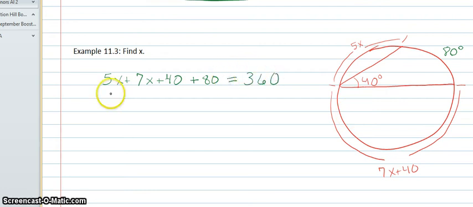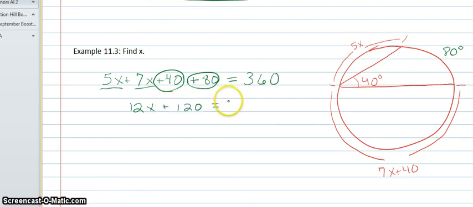Okay, so we'll get our like terms together. This is going to be 12x and then 120. Alright, then we want to get the x term by itself, so I'm going to subtract 120.